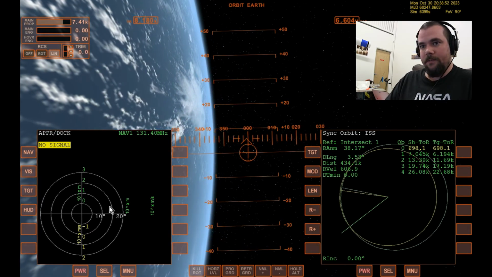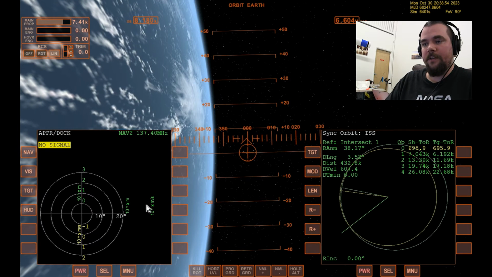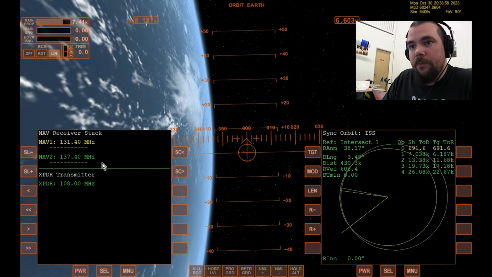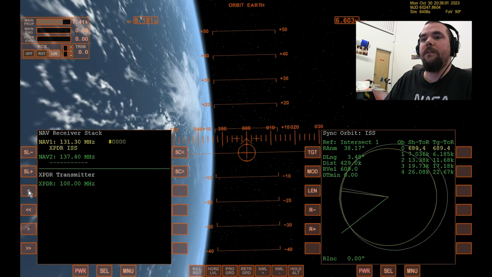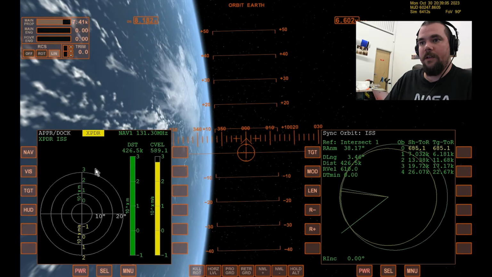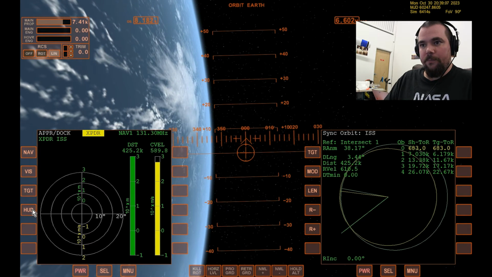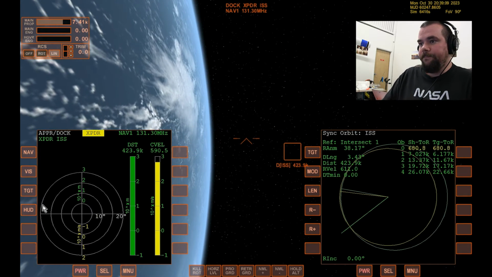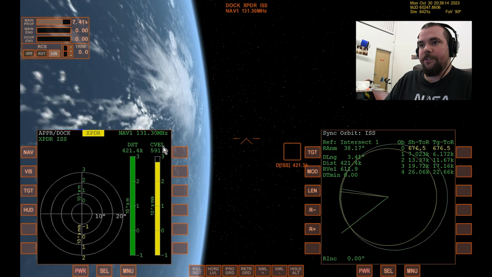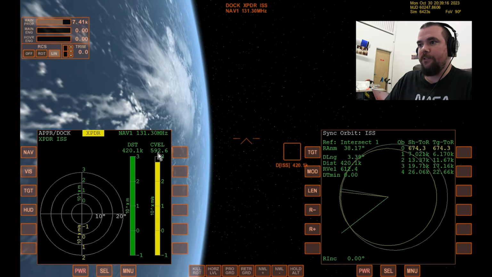Okay, so let me go check my comm, make sure I got the right frequency. 131.3. There we go. Docking thing. And there we go. And I can go ahead and put this information on the heads-up display. Okay, so we've got a very fast closing speed, almost 600 meters per second right now.